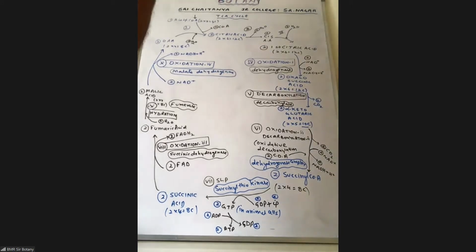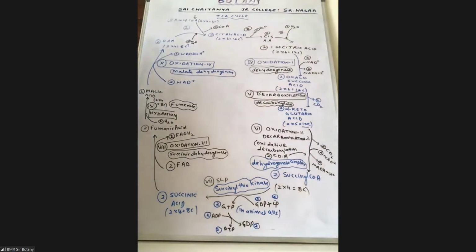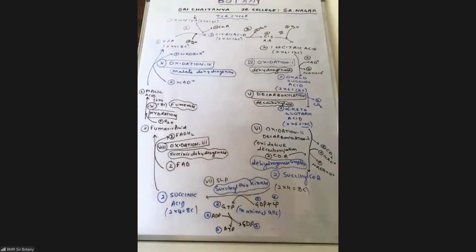So total 10 biochemical reactions. The substrates which were undergoing 2 successive decarboxylations were 1 oxalosuccinic acid followed by alpha ketoglutarate acid.